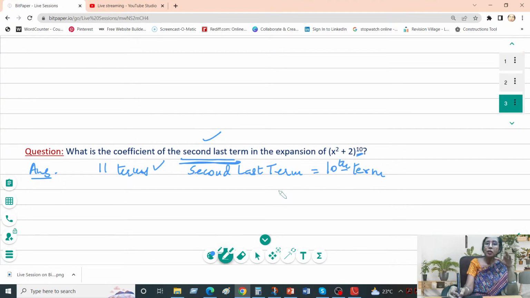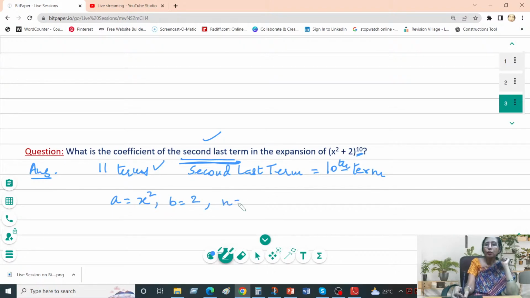And as soon as you know the term number, you know the value of R. So A is equal to x squared. B is equal to 2.